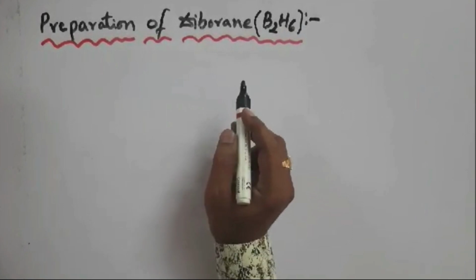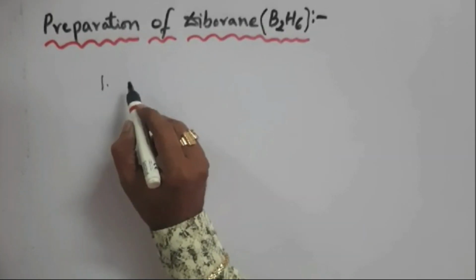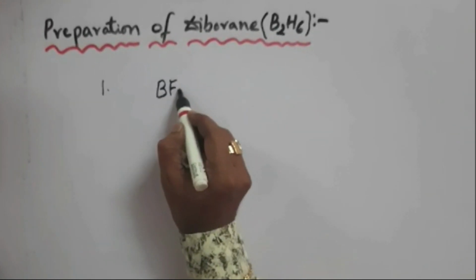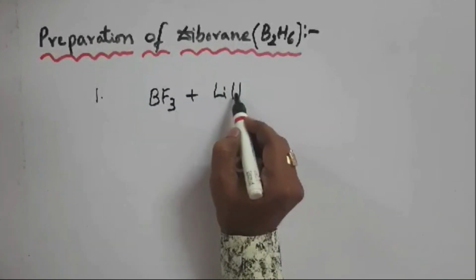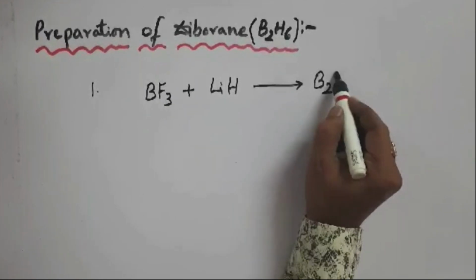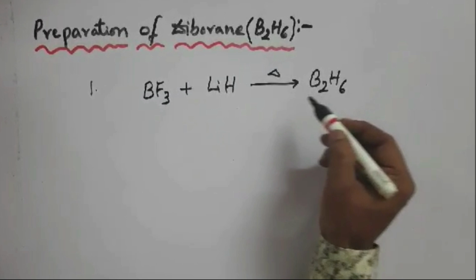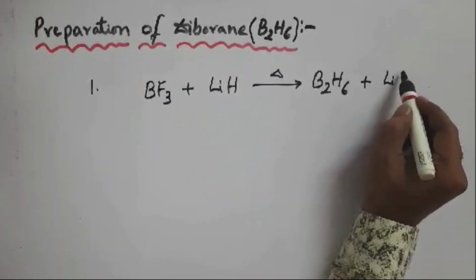Diborane can be prepared by using several methods. One of them is the reduction of boron trifluoride. Boron trifluoride, namely BF3, on reduction with lithium hydride gives diborane at elevated temperatures. So we need to perform this reaction at elevated temperatures, and the byproduct here is lithium fluoride.